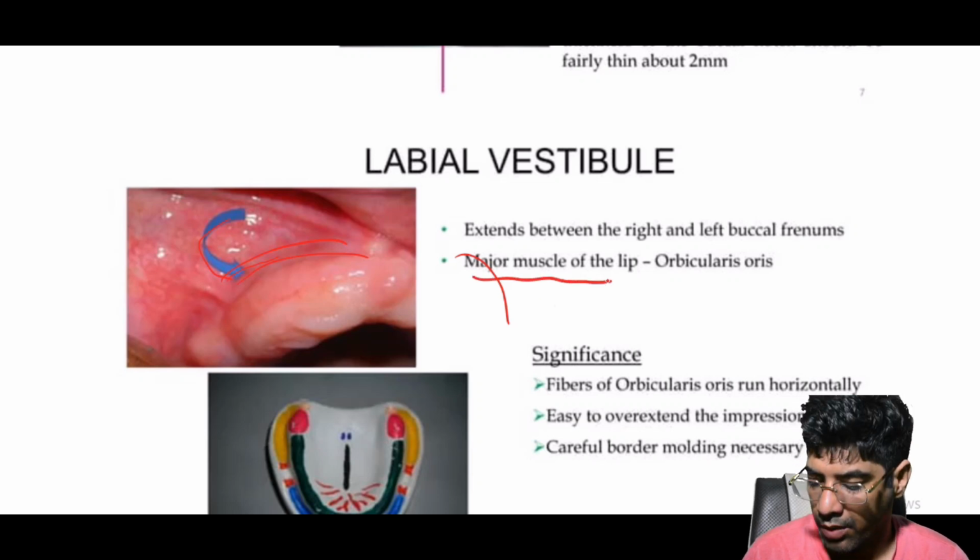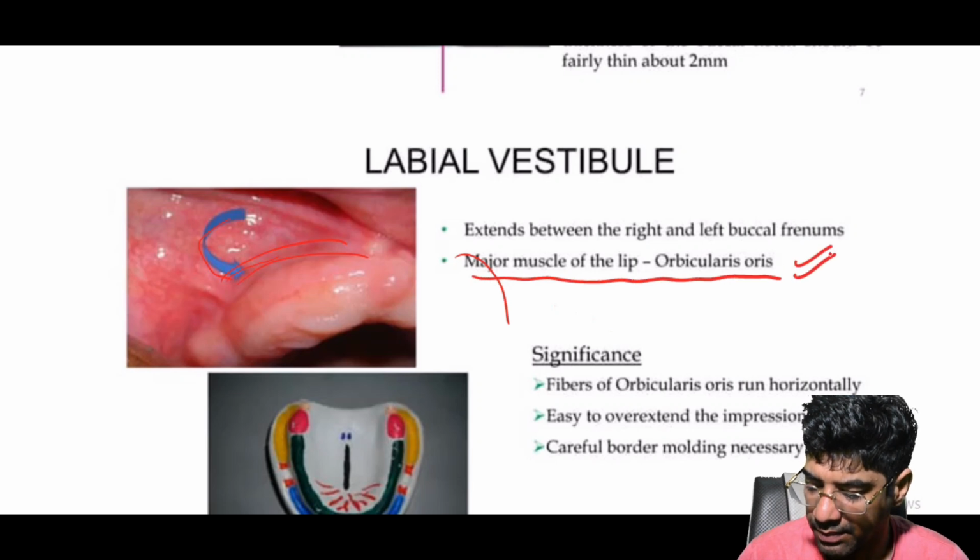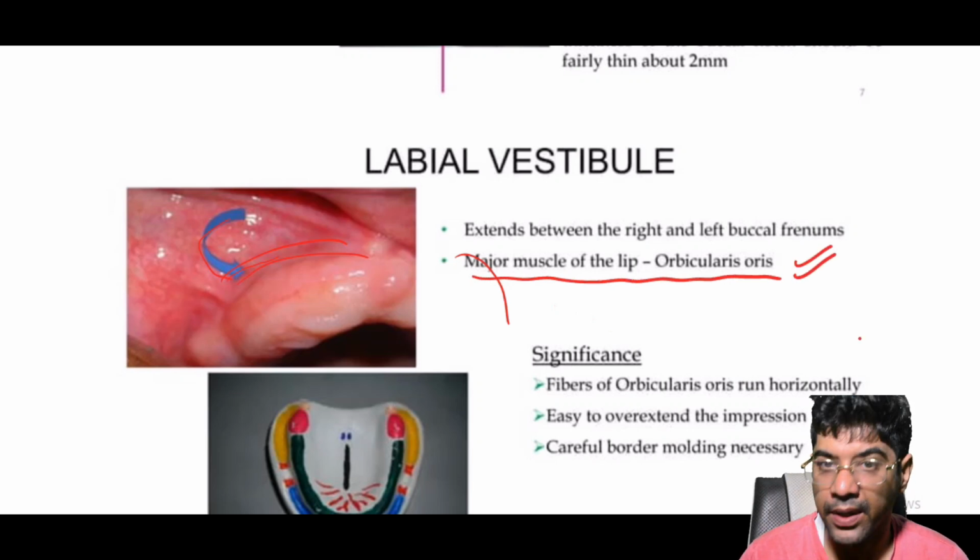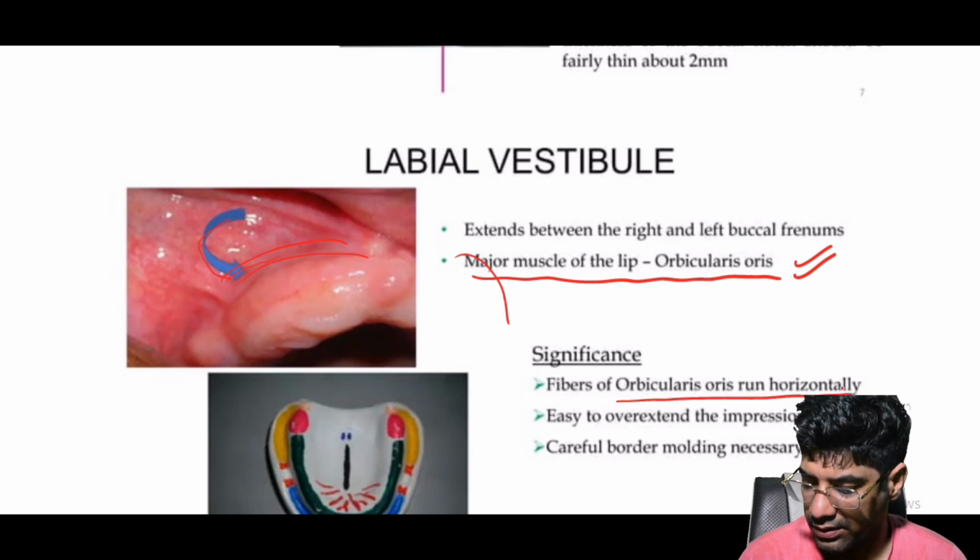Remember, the major muscle here is orbicularis oris, the main muscle of the lip. It depends on the support from the labial flange of the denture, so its tone is influenced by these factors. The fibers of orbicularis oris run horizontally.